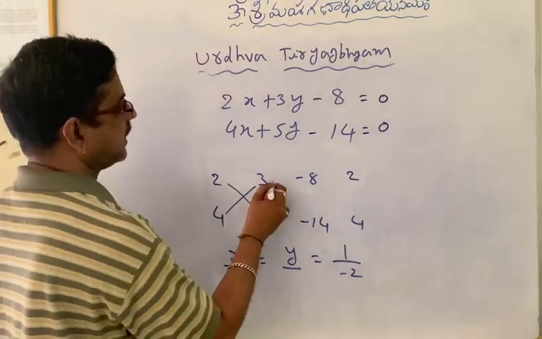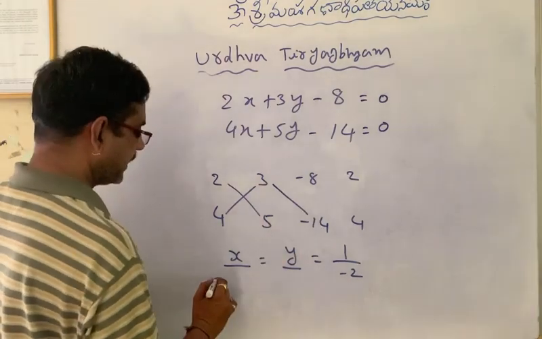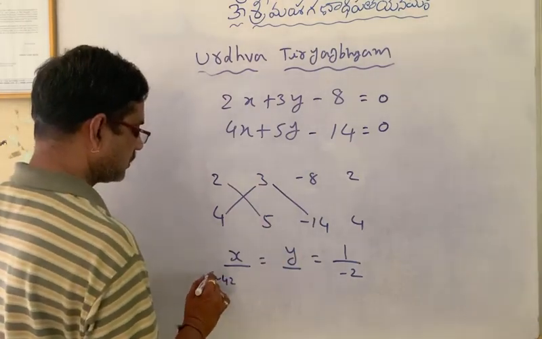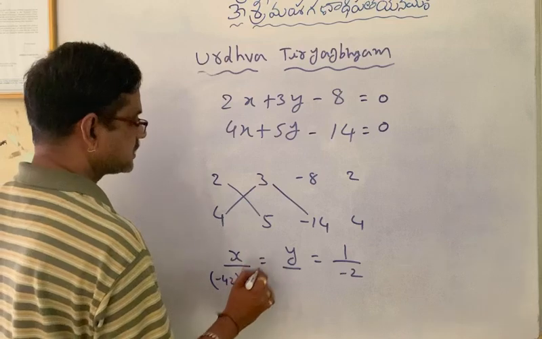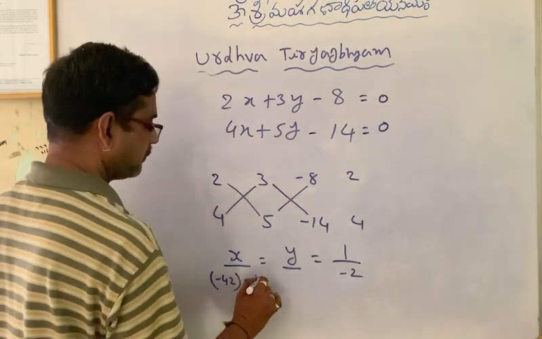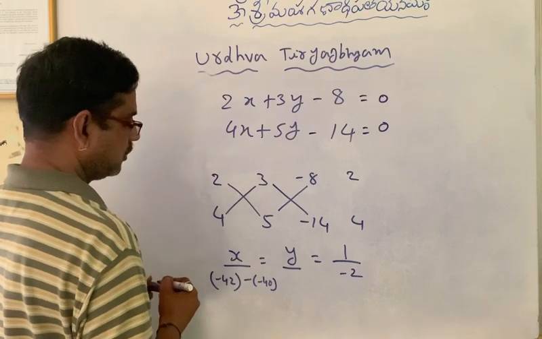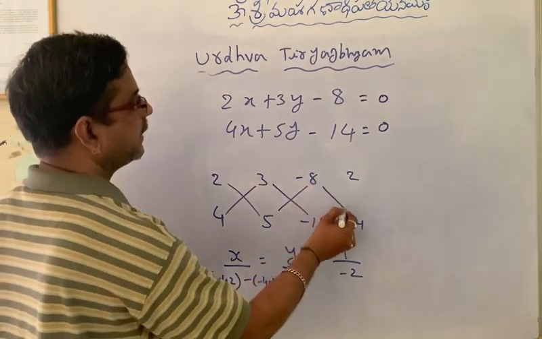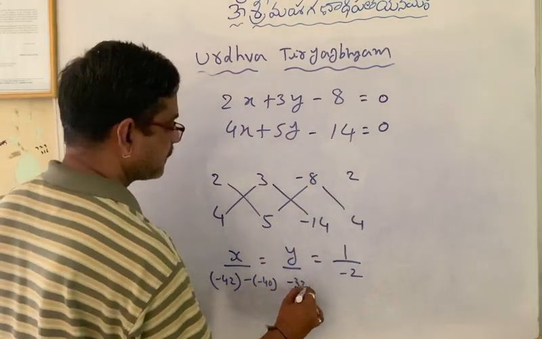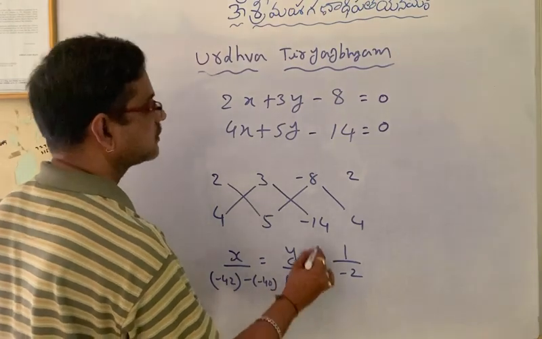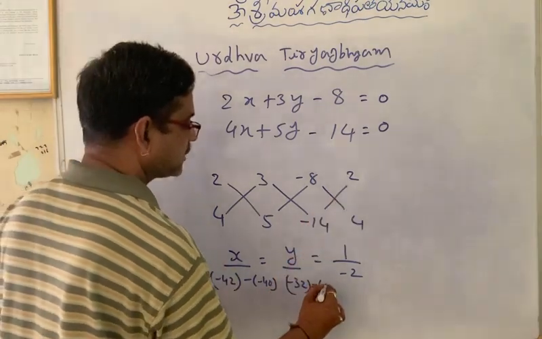Next, this cross: minus 42, minus this cross: minus 40, so minus 2. And here minus 32 minus minus 28.